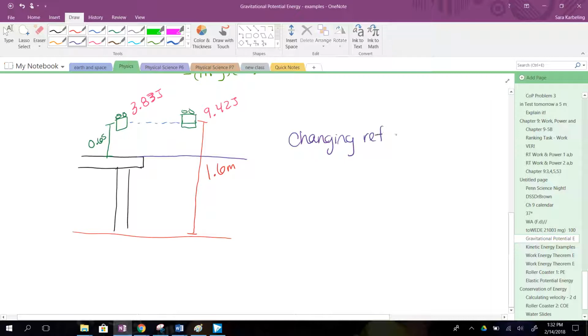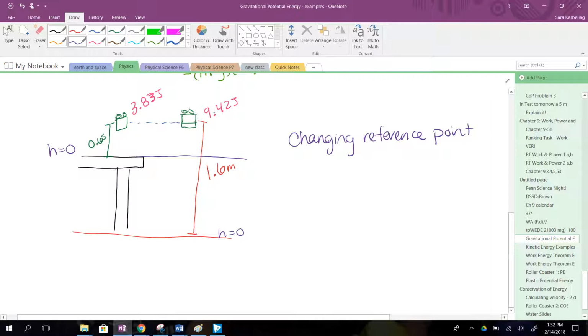Let me show you again. At the table, we say h equals 0 here. At the floor, we're saying h equals 0 here. Really, no work has been done.